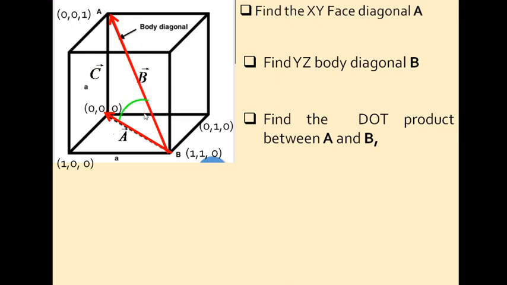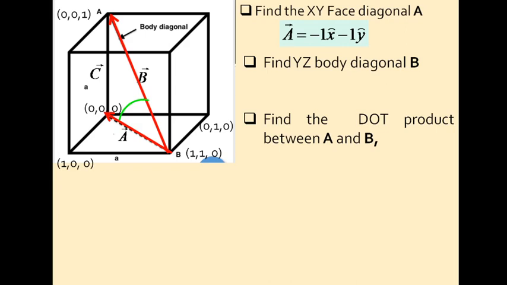Again we will be taking the dot product, or the scalar multiplication, of vectors A and B. First of all I need to find A. The vector components can be found on the basis of head point minus tail point, or field point minus source point, and therefore vector A will be given by minus x cap minus y cap.